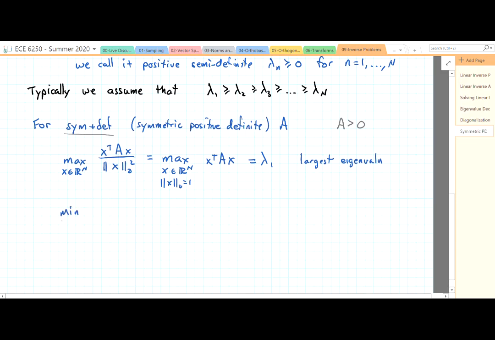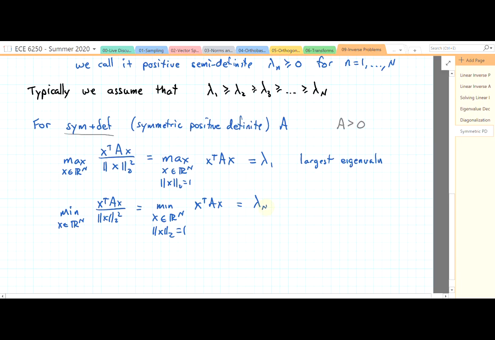Likewise, the min of x transpose Ax divided by the norm squared of x is equal to the min, same setup here, over any x in R^n such that the norm of x is 1 of x transpose Ax.